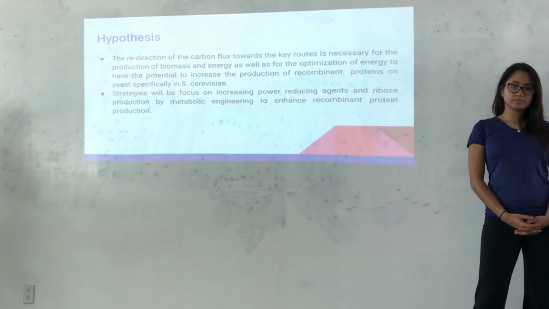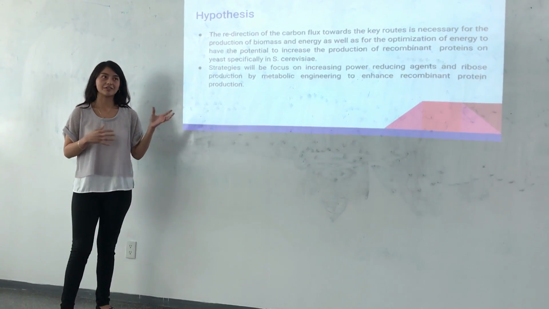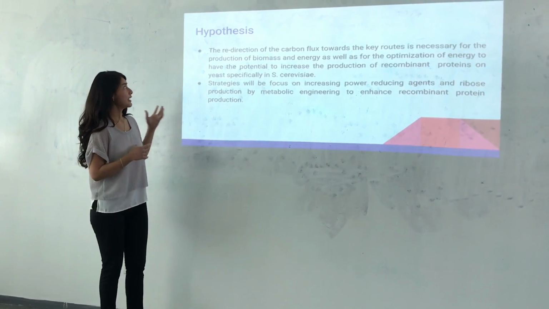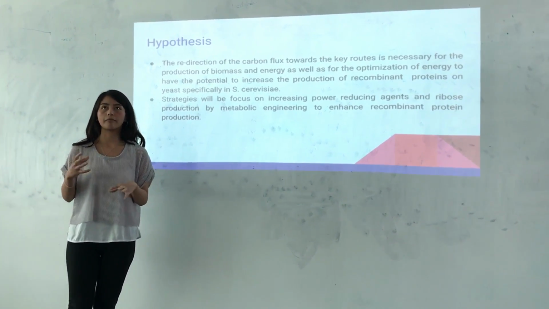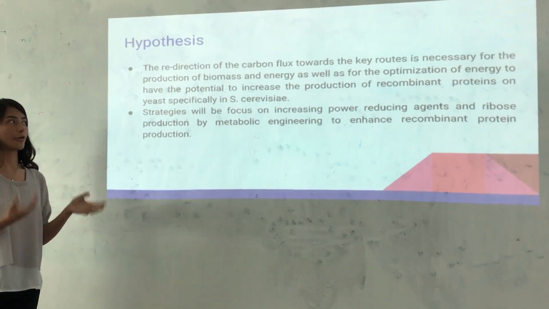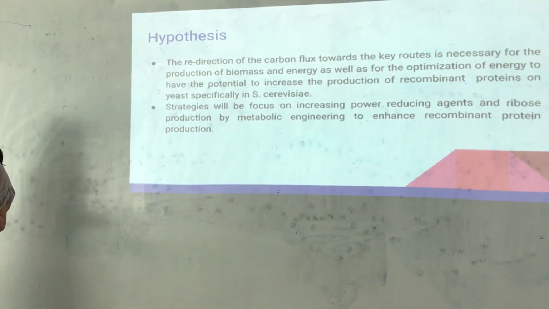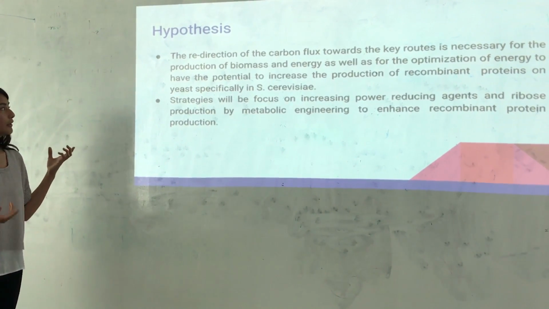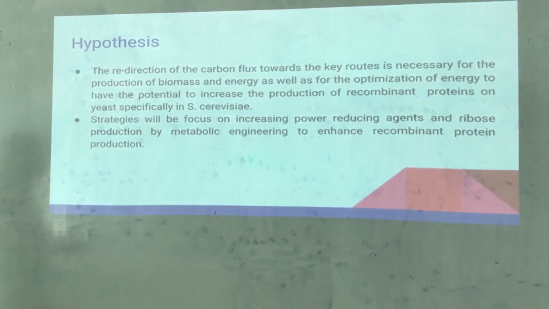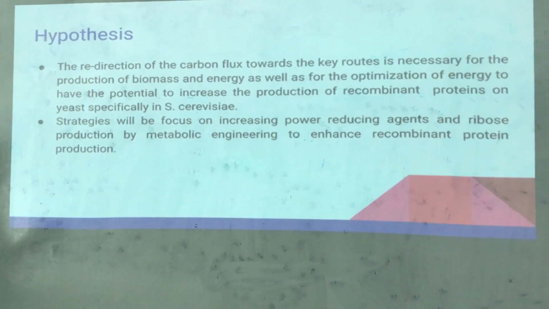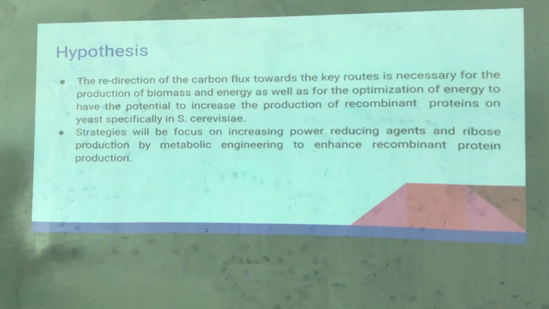We found in the literature many ways to increase the production of proteins by genetic engineering. So we thought that redirecting the carbon flux toward the production of biomass and energy will optimize the production of proteins. We found specifically for Saccharomyces cerevisiae many ways to do that, and the strategy will focus on increasing the pentose phosphate pathway production and also the nucleic acids and amino acids production.